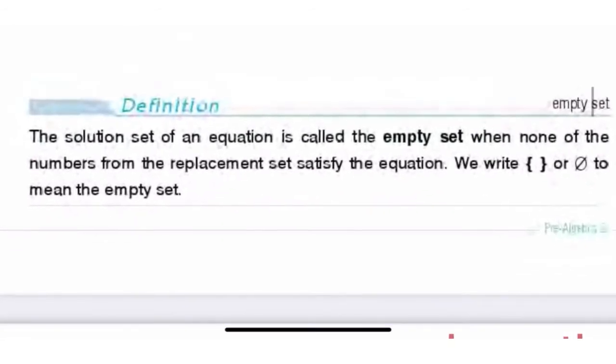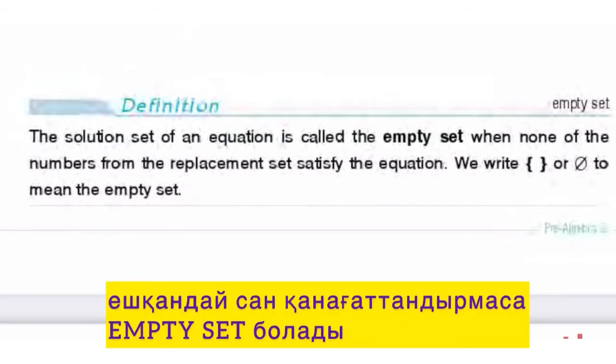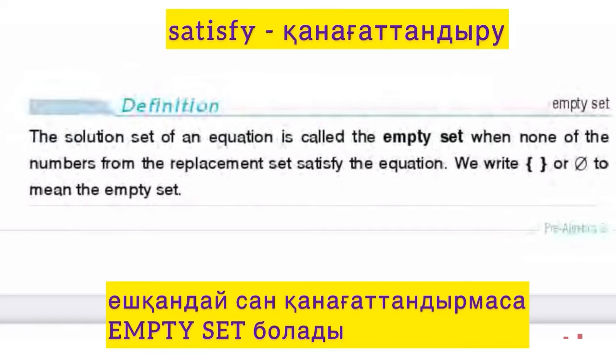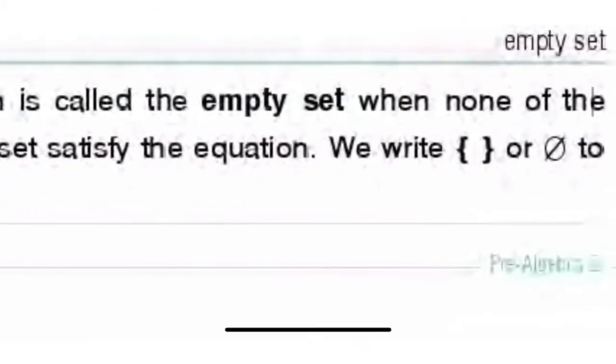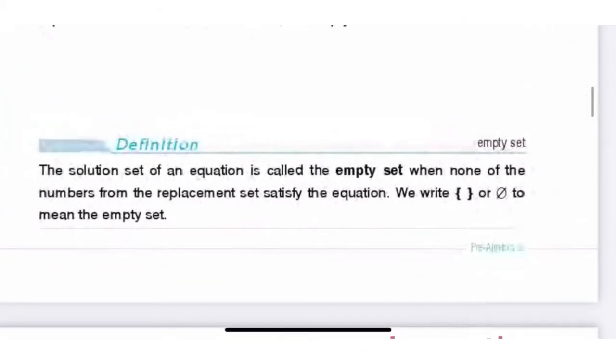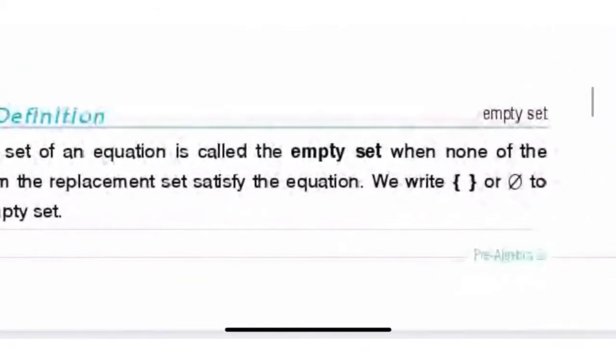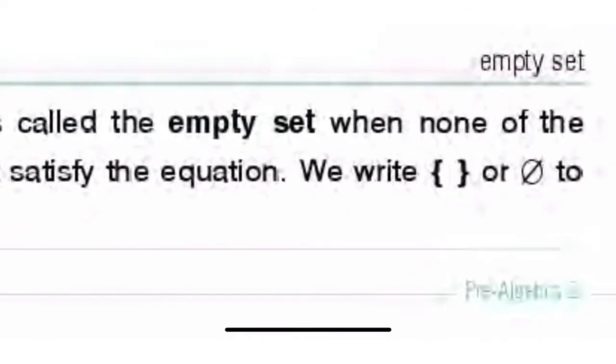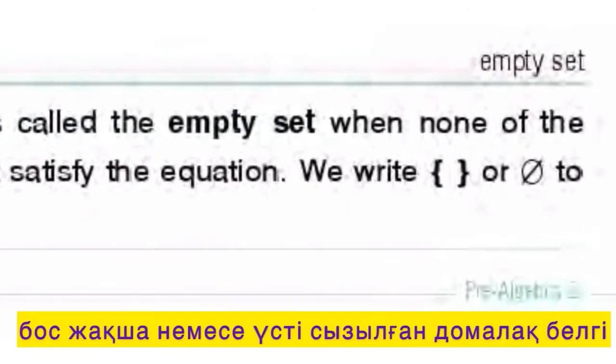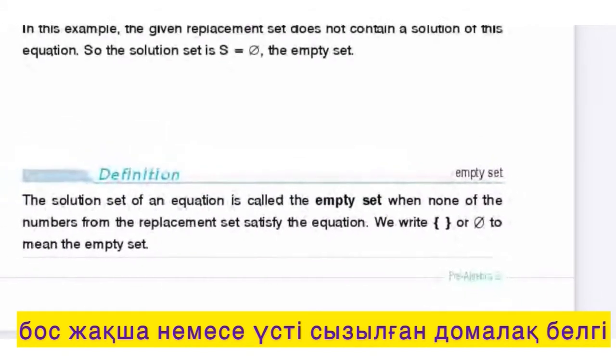The solution set of an equation is called the empty set when none of the numbers from the replacement set satisfy the equation. We write the empty set symbol to mean the empty set, just curly brackets with nothing inside.